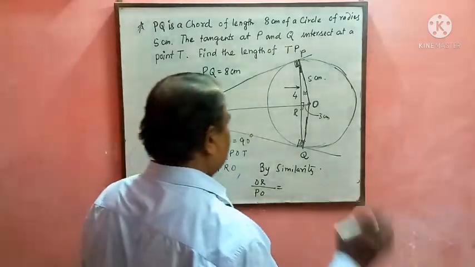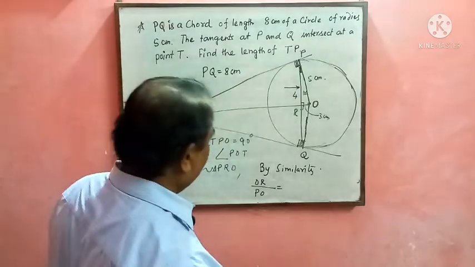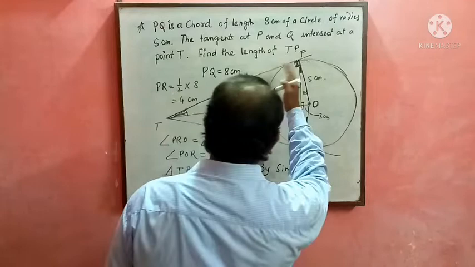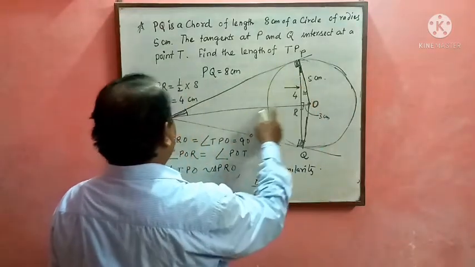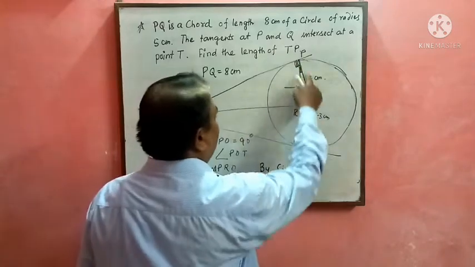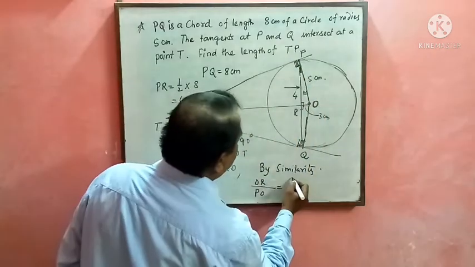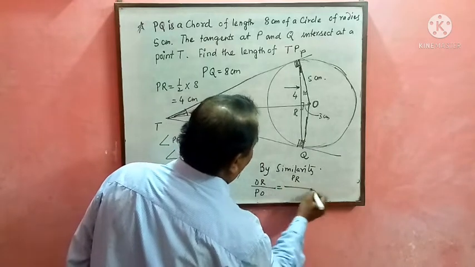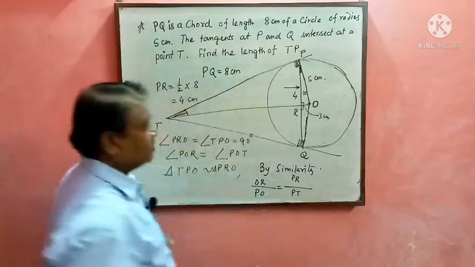Otherwise, you may also watch my other earlier video where we have already discussed this. 1 upon PO, this is opposite to this angle, and this is the common angle, opposite to this is PR upon PT. Here I will have the result.